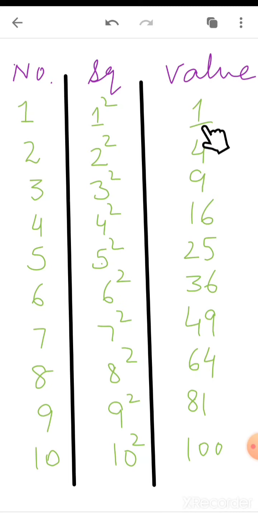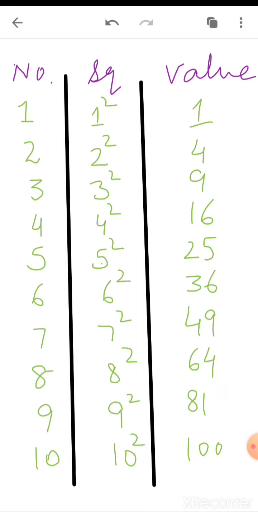Observe the units digit. Units digit is 1, 4, 9, 6, 5, 6 again, 9, 4, 1. You will not see 2 here in the units place. You will not see 3 or 7 or 8.